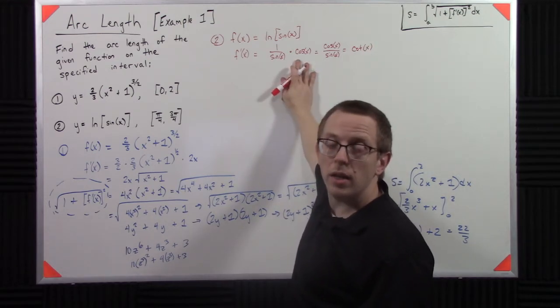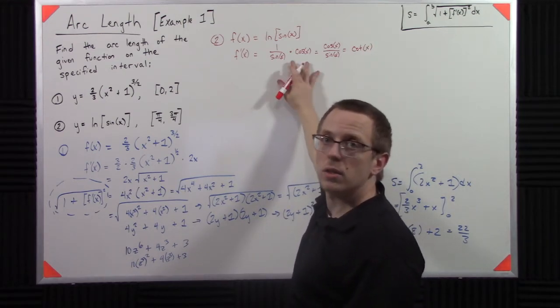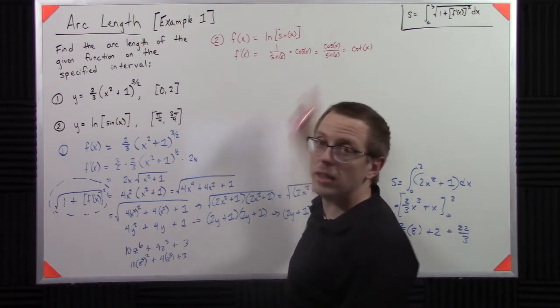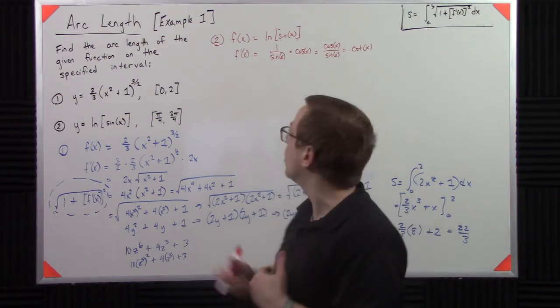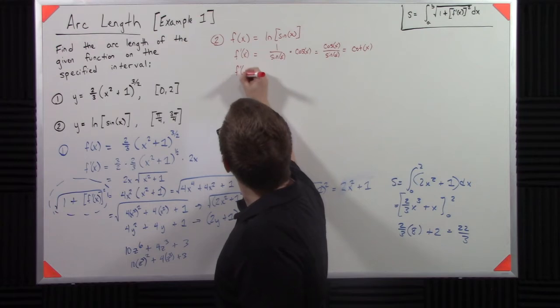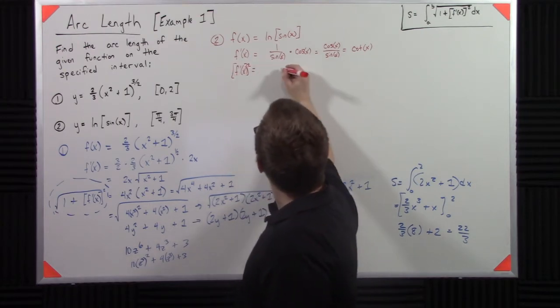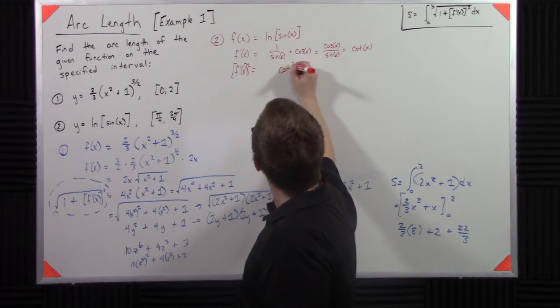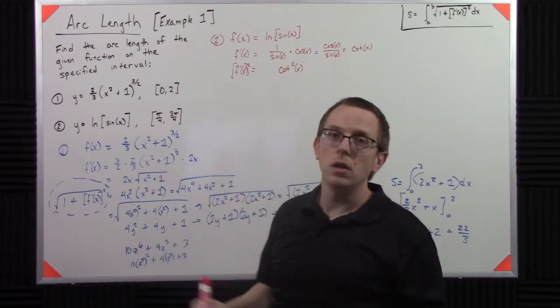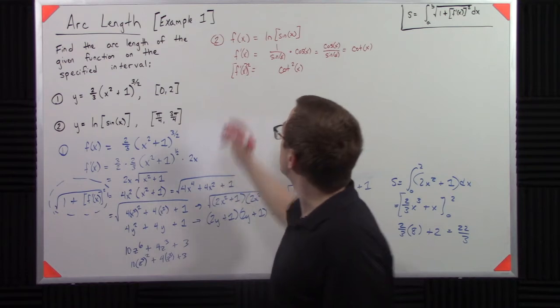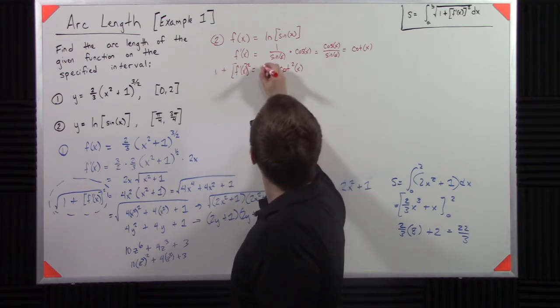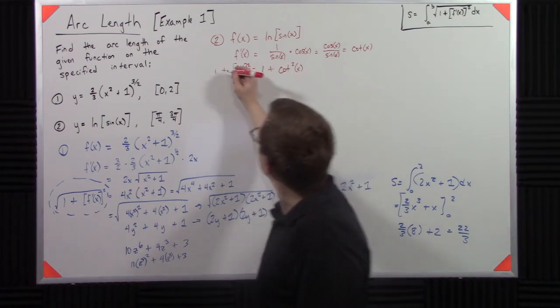And so rewriting cosine of x over sine of x, I can get that as cotangent of x. And this is going to be important because then when I do f prime of x squared, I get cotangent squared x. So then when I do 1 plus that, I get 1 plus cotangent squared x.